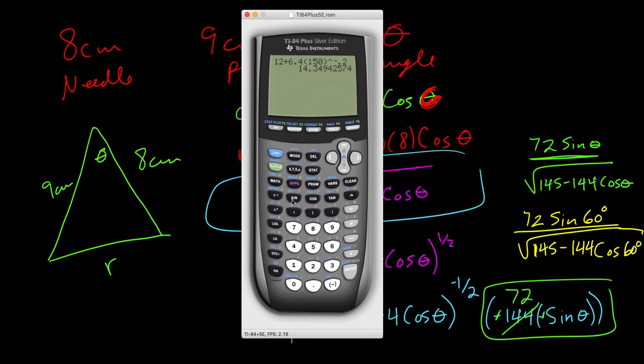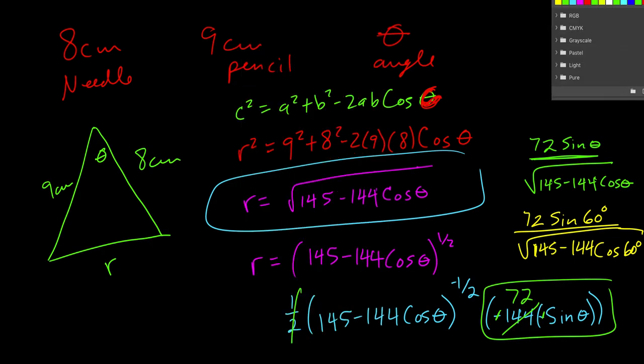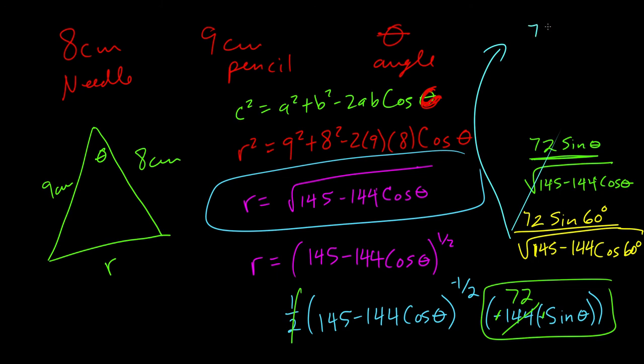I'm going to go piece by piece. I have to go to mode and change it to degrees. Sine 60 is going to give us 0.866. So I have 72 times 0.866.